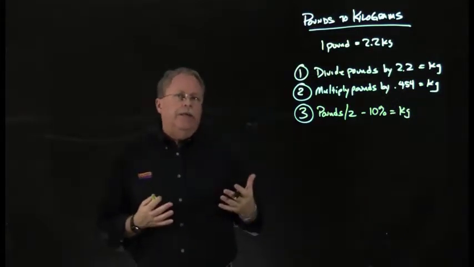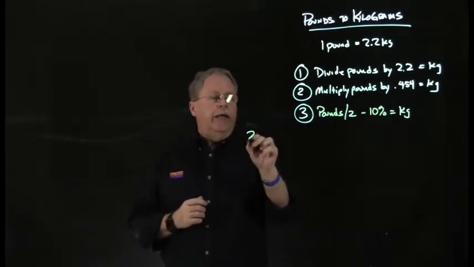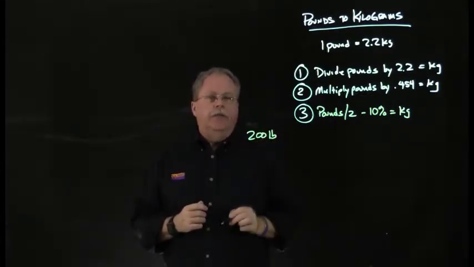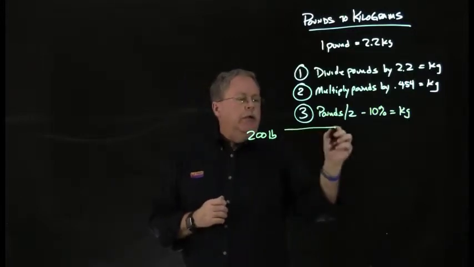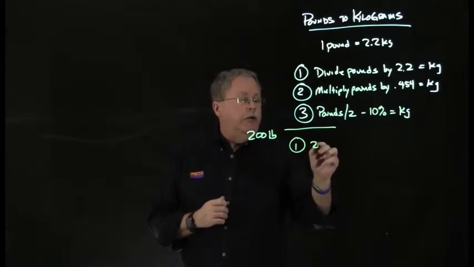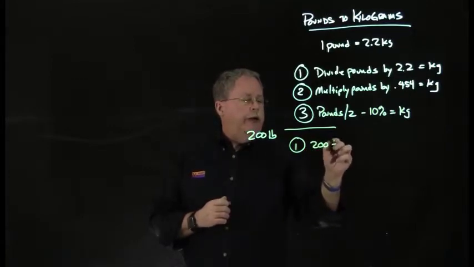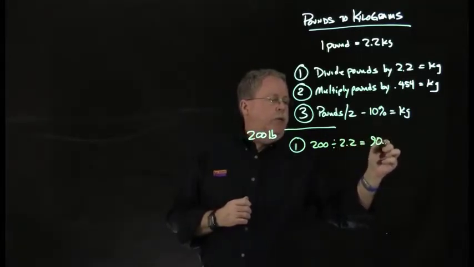So let's look at this with an actual weight. Let's say we've got a 200-pound patient, and we need to know kilograms. Option 1: we do 200 divided by 2.2, and we get 90.9.